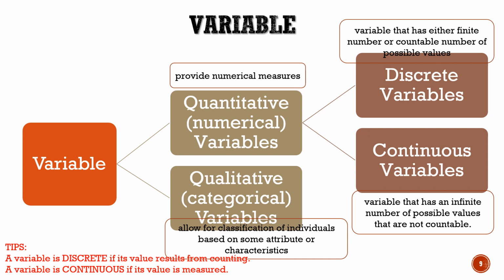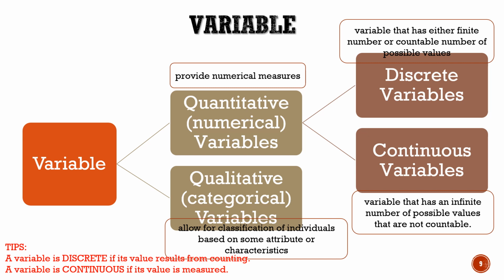Basically, discrete is a finite or countable number of values, and continuous is a variable that has an infinite number of possible values that are not countable. So basically, for discrete we can count the value, and for continuous we need to measure the value.